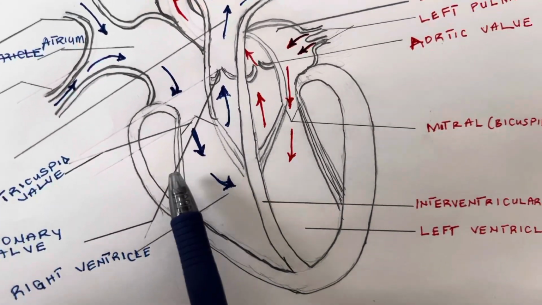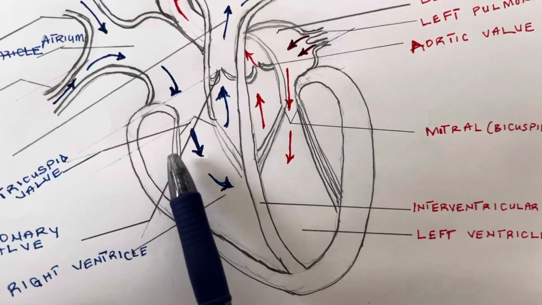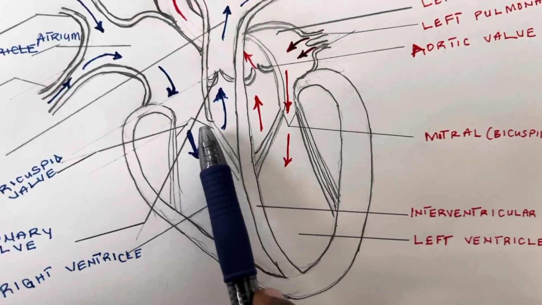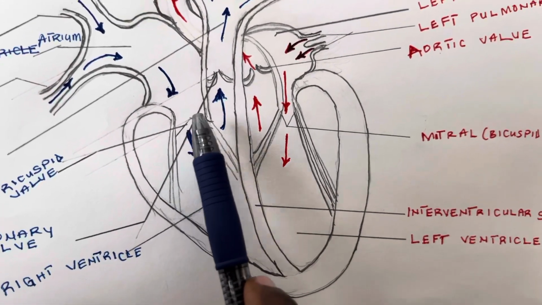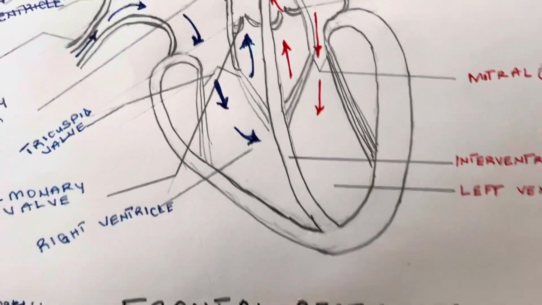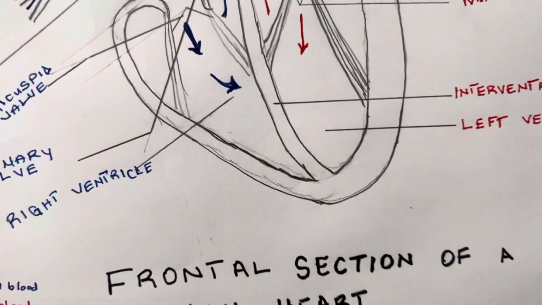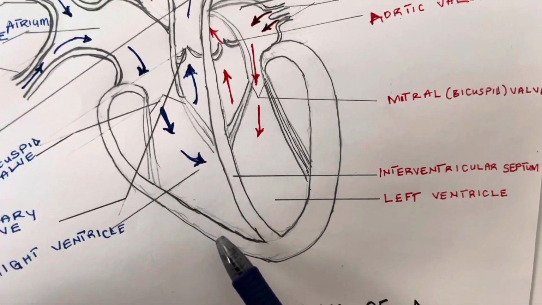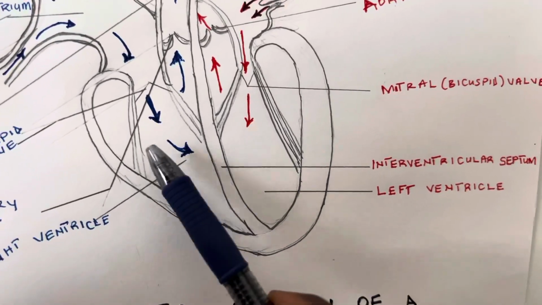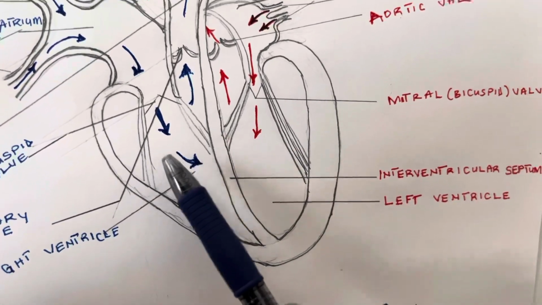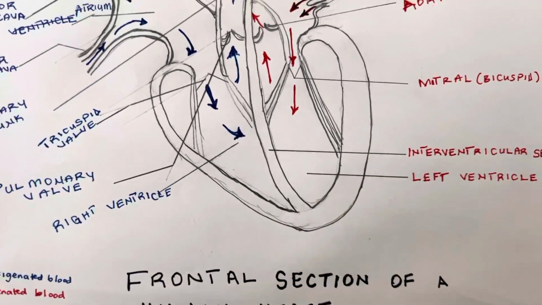We have the chordae tendineae, the string-like structures attaching the tricuspid valve to the papillary muscles here. I couldn't bring those here because I was making my work look messy. But that will be here, the papillary muscles. You would see them here. You will see the chordae tendineae here, the string-like structures.